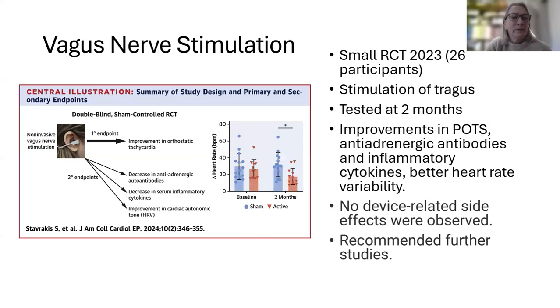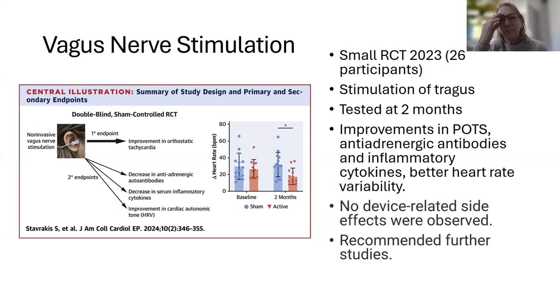And just the last mention of vagus nerve stimulation, because that is something that has been in the news, and I guess on the horizon a little bit. It has been used for other conditions, and there have been a few small trials to see if it does make any difference to orthostatic intolerance.